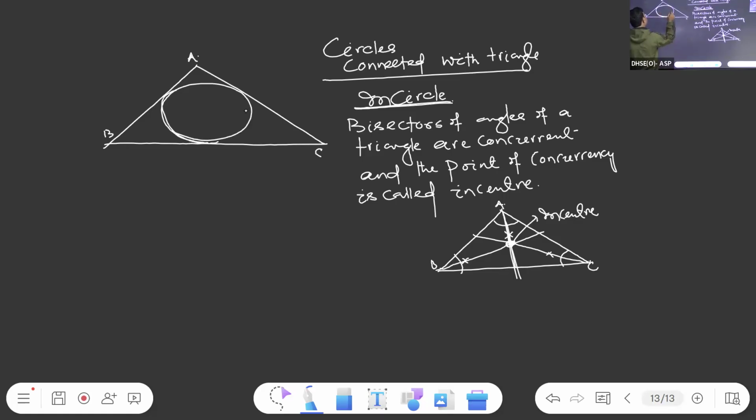A circle taking the incenter as center and the radius equal to the length of the perpendicular drawn from the incenter upon any side is called the incircle of the triangle. The radius is known as the inradius and it is denoted by small r.